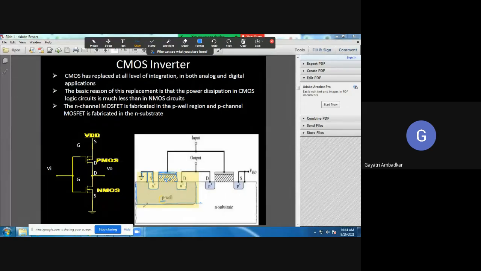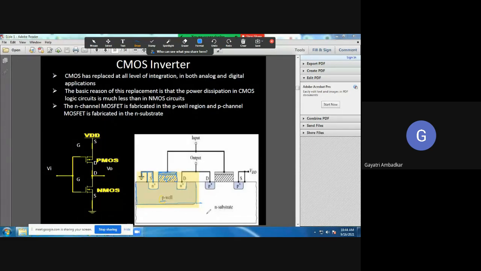If you look at this portion shown in yellow color, that is nothing but your NMOS, N-channel E-MOSFET. Now what I said, that N-channel E-MOSFET and P-channel E-MOSFET are connected in series. Here the circuit diagram is also shown and here the construction is also shown.